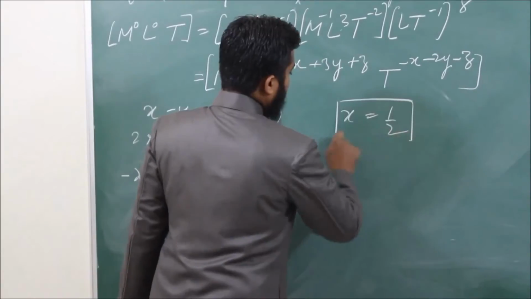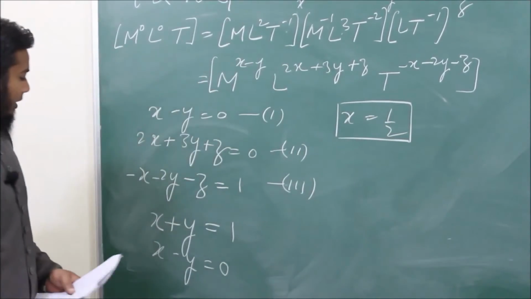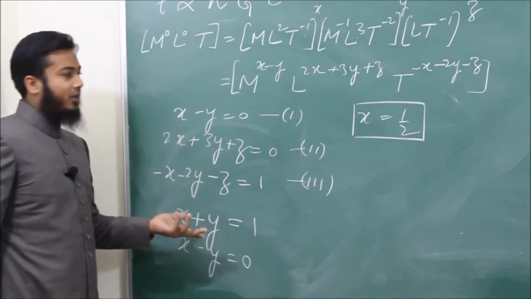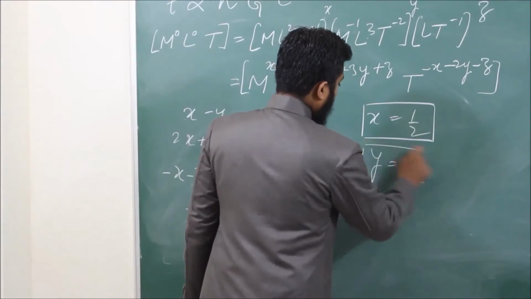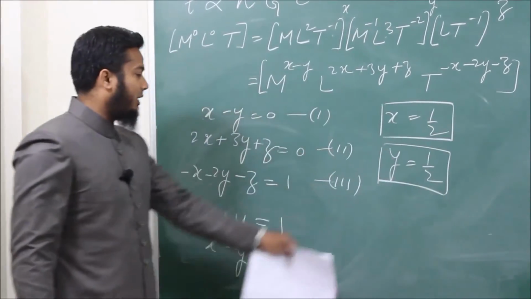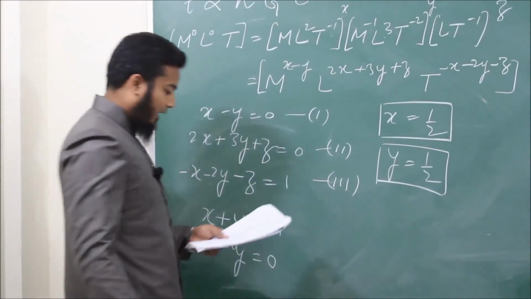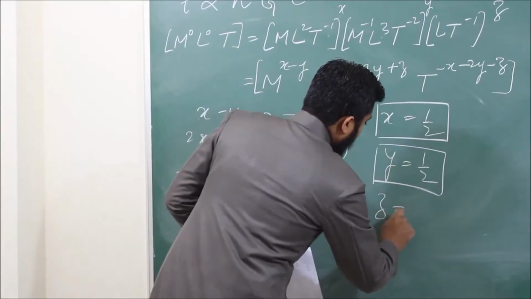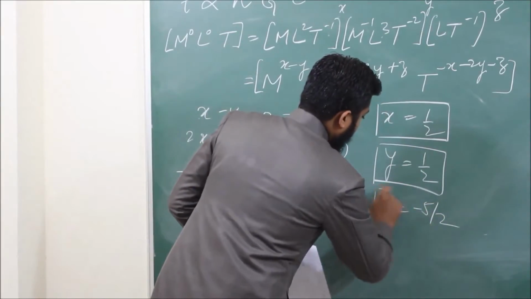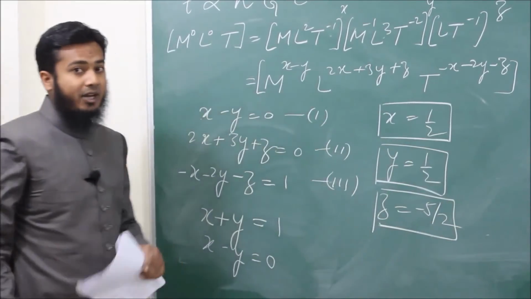Now, from this equation, x and y will be equal, so y is also half. Put these values in either of these equations and you will get the value of z as minus 5 by 2.